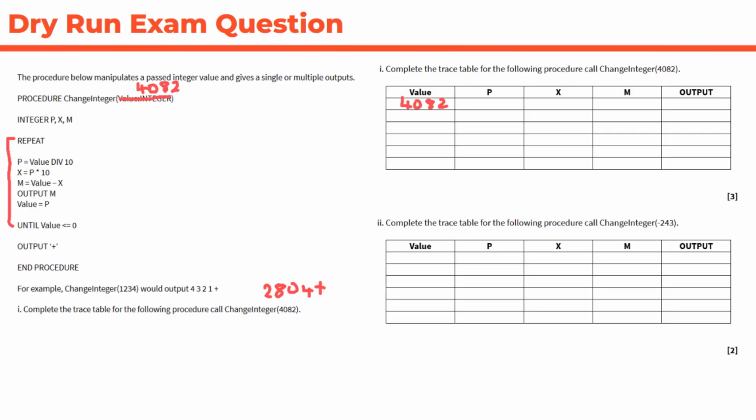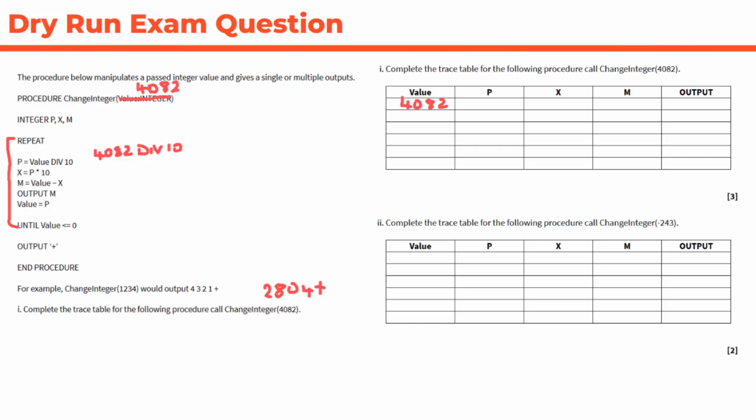So as I have now completed this line and created the variables in my trace table, the repeat starts off with p. P is given the value of value div x. So you take the value, which is 4, 0, 8, and 2, and you divide by 10 and keep the whole number.